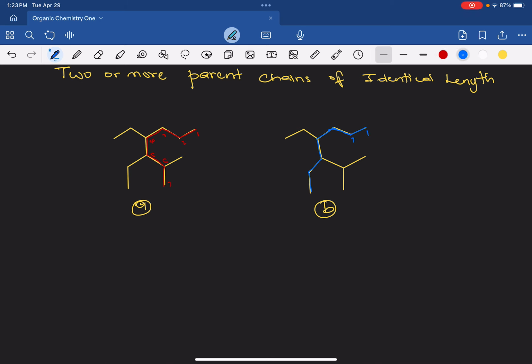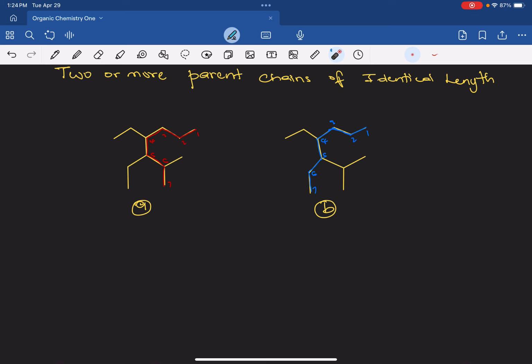Over here, 1, 2, 3, 4, 5, 6, 7. So this molecule has two long chains, two parent chains of the same length. The length is identical. It's 7 carbons in each long chain.